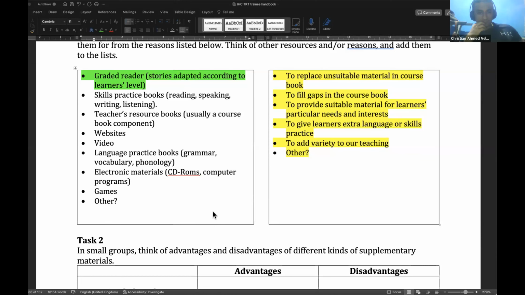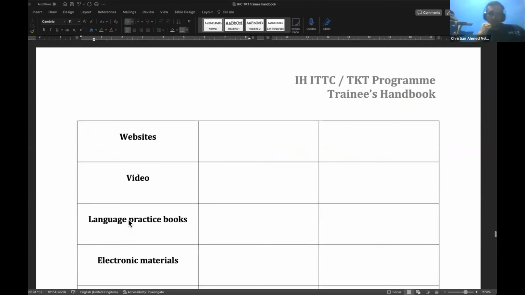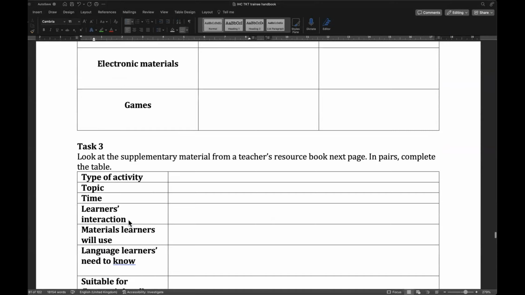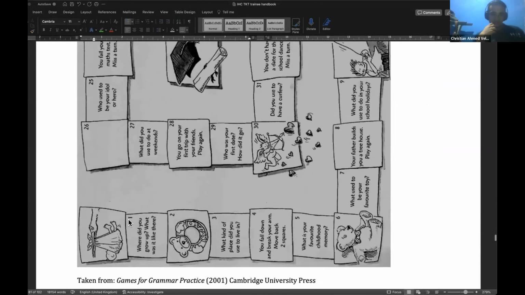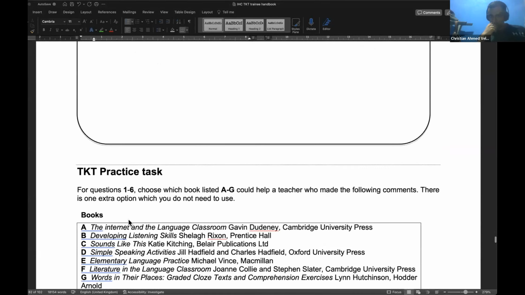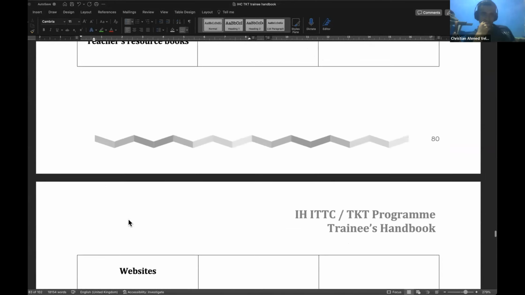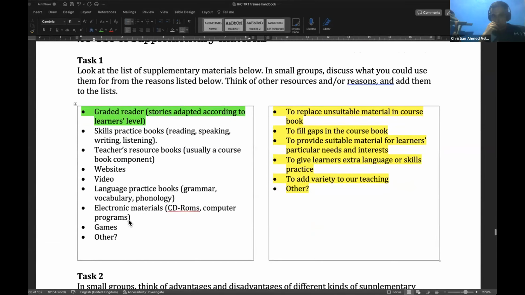Okay. Yes, skills practice books. It's more exercise for everything. And teacher resource books, because we don't know everything. So we need to consult some resource to be confident when we are teaching.